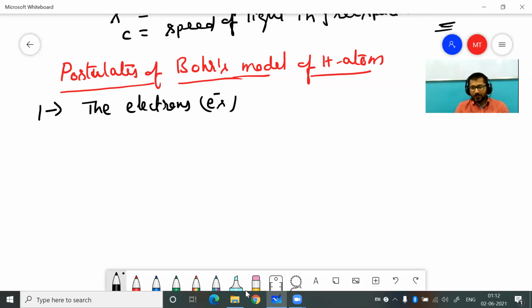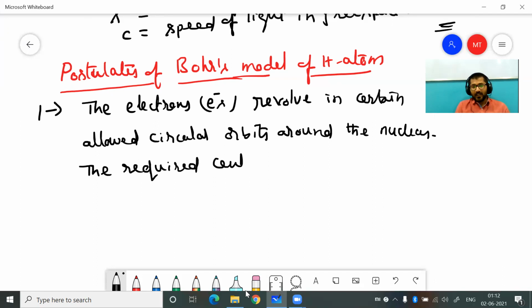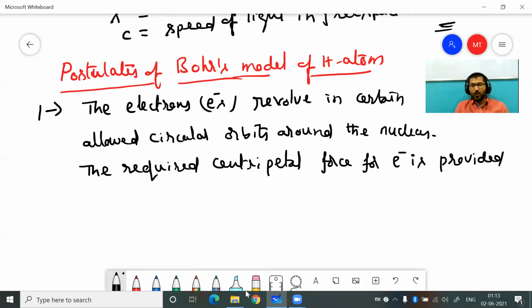So let us write down that the electrons revolve in certain allowed circular orbits around the nucleus, and the required centripetal force for the electrons is provided by the electrostatic force, or Coulomb force we call it.